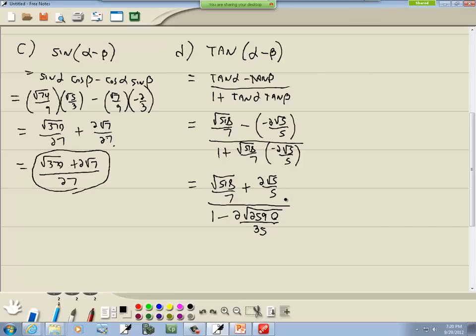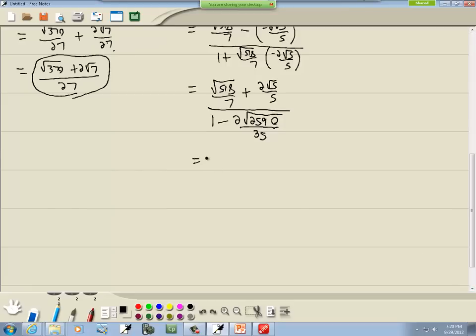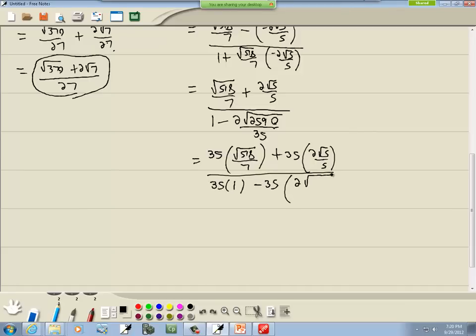Let me double check that. That looks right. Okay. Now we want to get rid of the fraction within the fraction, our complex fraction, so multiply everything by 35. So multiply that times the square root of 518 over 7, times the 2 square root of 5 over 5, times the 1, and times this huge fraction.